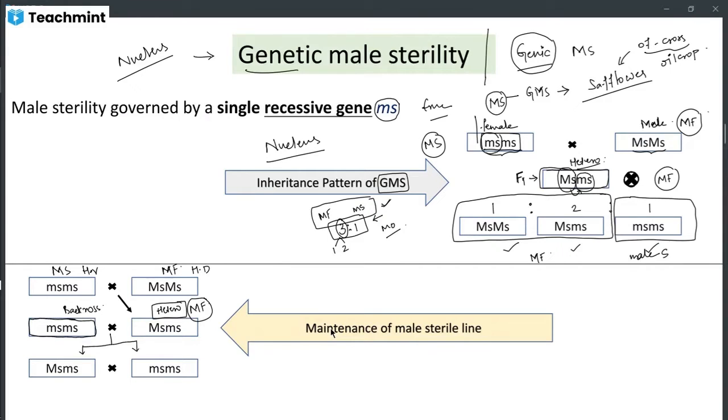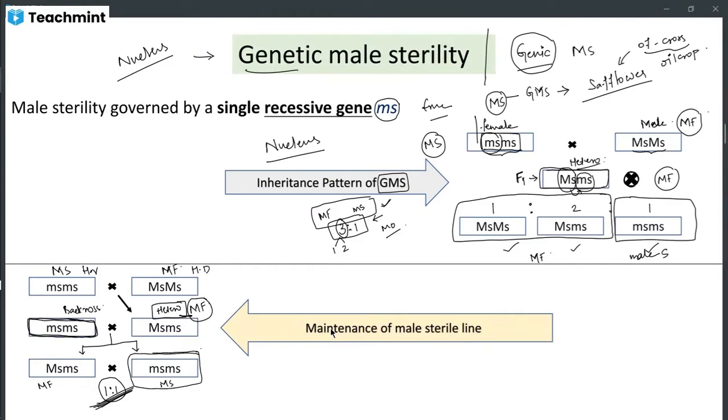One will be male fertile and another will be male sterile, in a ratio of 1:1. So when you back cross the heterozygous male fertile with the female parent, you will get male sterile and male fertile in a 1:1 ratio. So you need to identify the male sterile one, right?